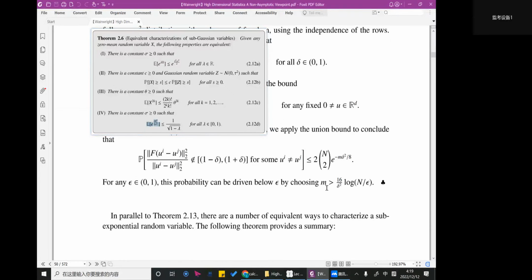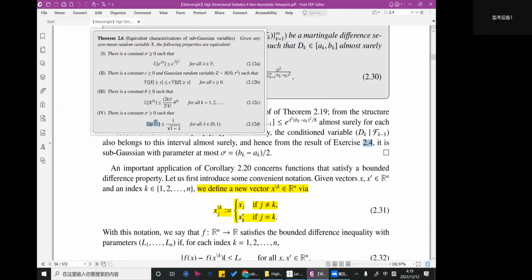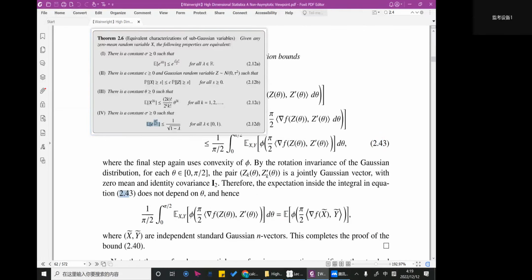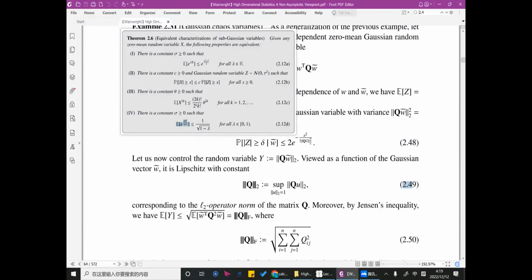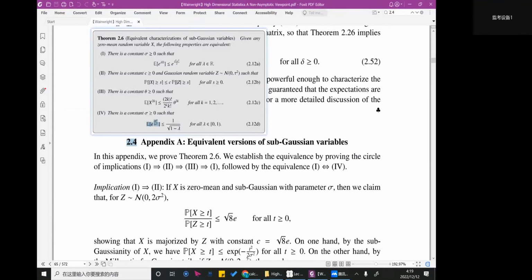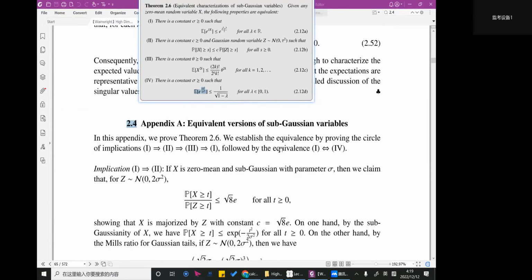Appendix A. So the writer established the equivalence by these steps. The first implication is from 1 to 2.